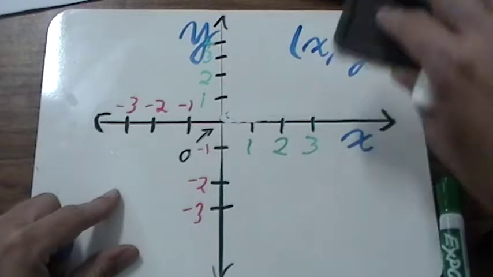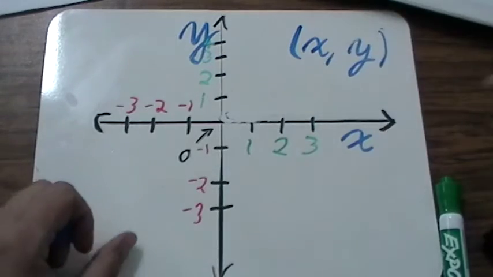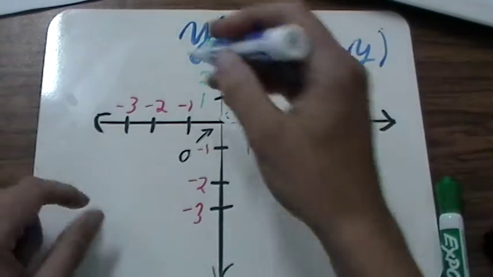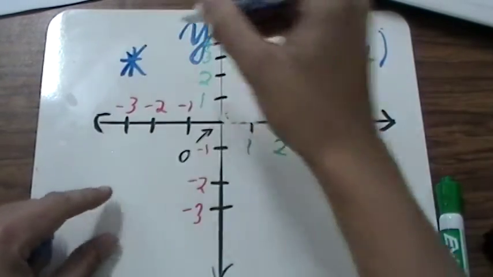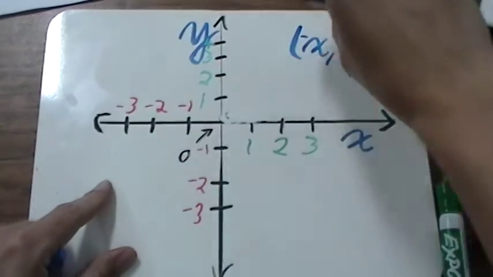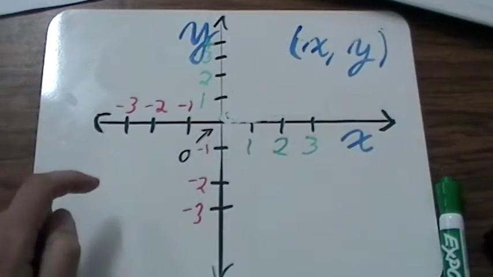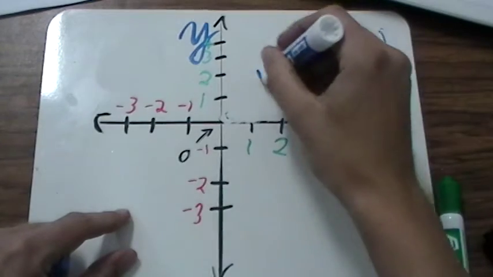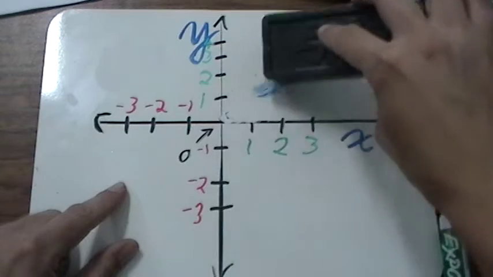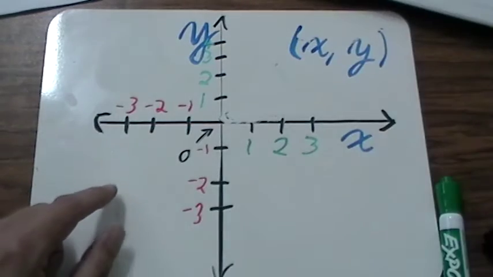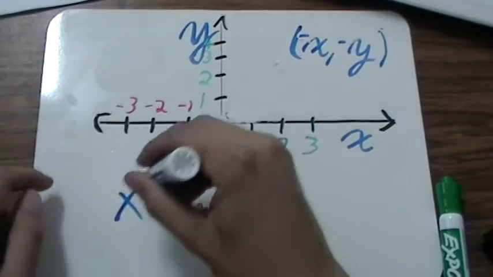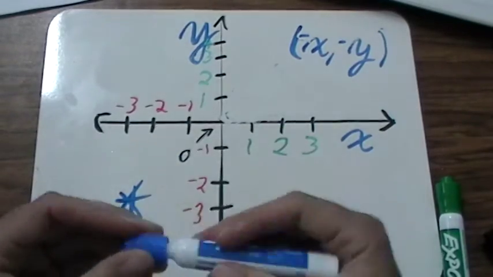But if I have it where the first number is negative, but the second number is positive, it's going to come into this quadrant. If I have a coordinate pair where both numbers are positive, it's going to come into this quadrant. And finally, if I have a coordinate pair where both numbers are negative, it comes into this quadrant.